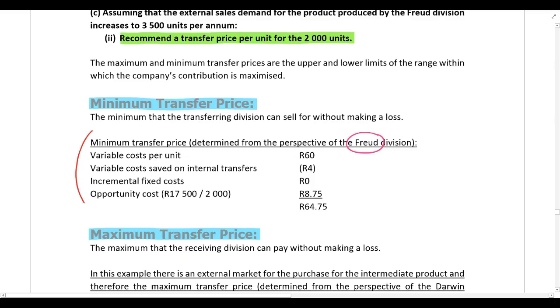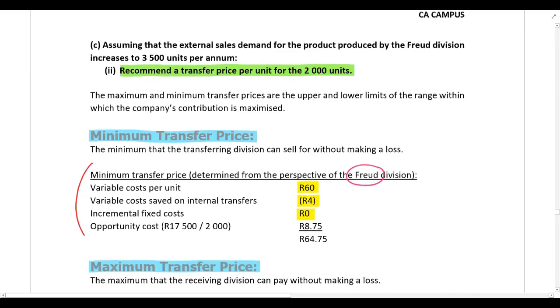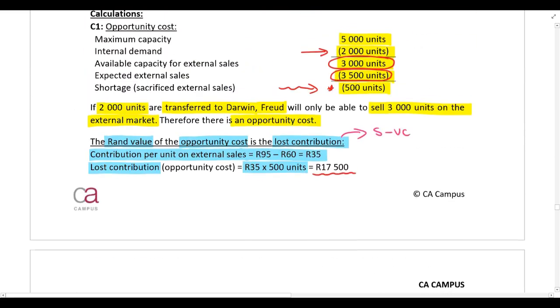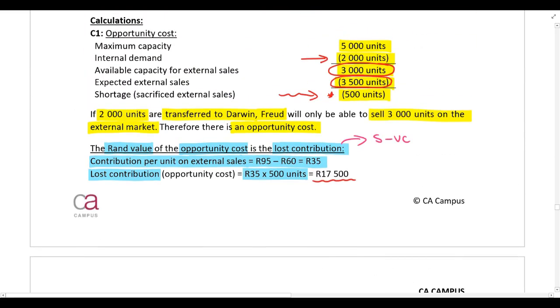So you can see we start with our variable cost of 60 Rand per unit. We deduct the variable cost of 4 Rand per unit that is saved on internal transfers. We do not have any incremental fixed costs. However, in this part of the required, we do have an opportunity cost. And we have already calculated the total value of our opportunity cost is 17,500 Rand.